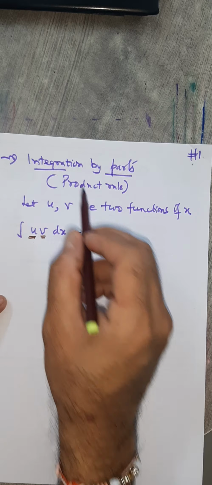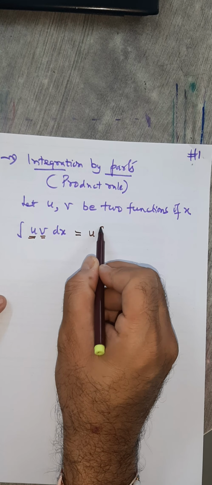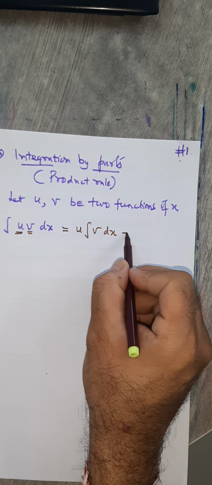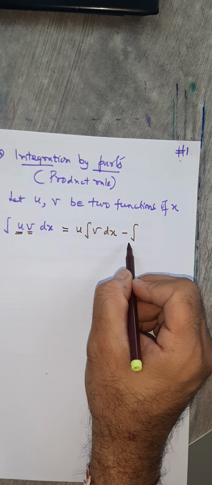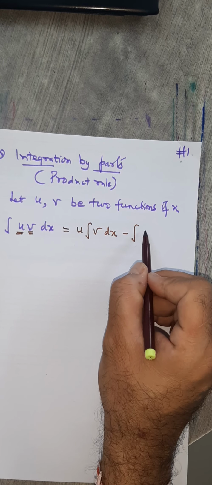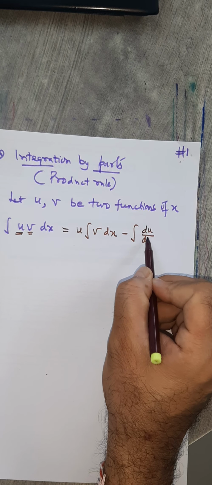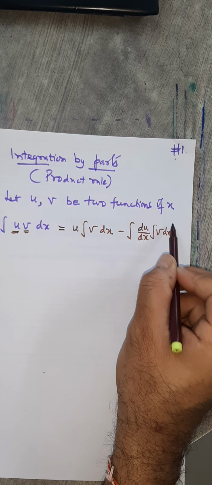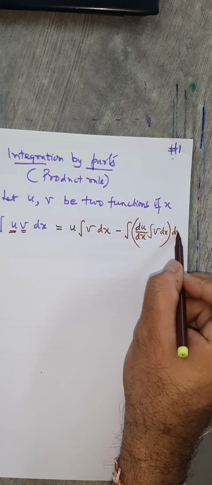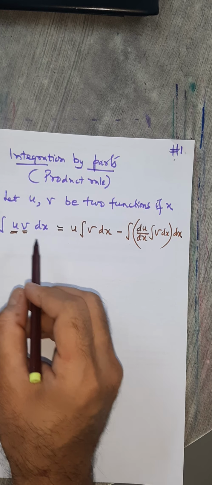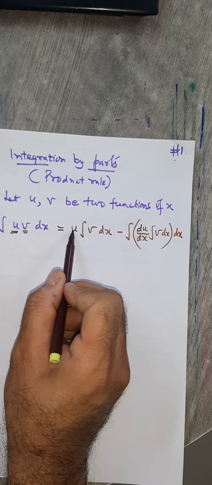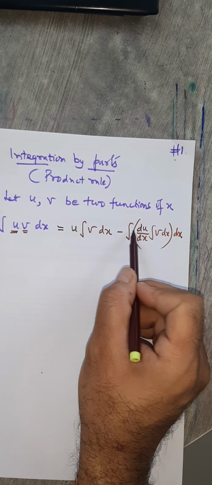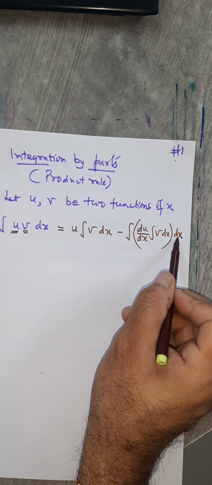So this integration by parts rule says that you take u outside, just do the integral of v, minus, inside the integral, the differentiation of the first function, that is du by dx, into the integral of v, and then the whole integral. I repeat what I did: u outside, integral of v, minus this outer integral, this integral symbol and dx.